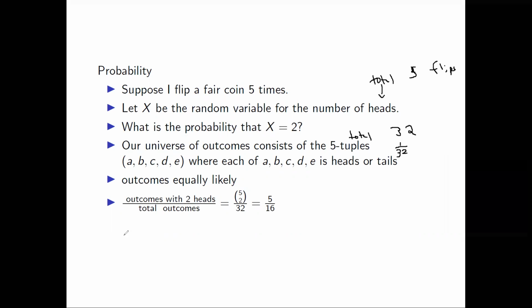Outcomes with 2 heads, we could list them all if we wanted to. We could write like head, head, tail, tail, tail, head, tail, head, tail, tail, dot, dot, dot. If we really wanted to, we could do that. But a better way to do it is we can count the number of ways to permute this one.